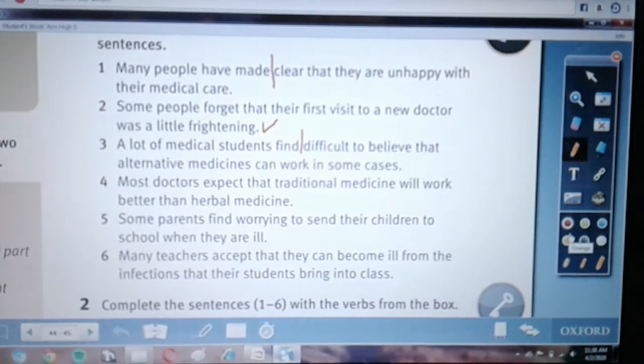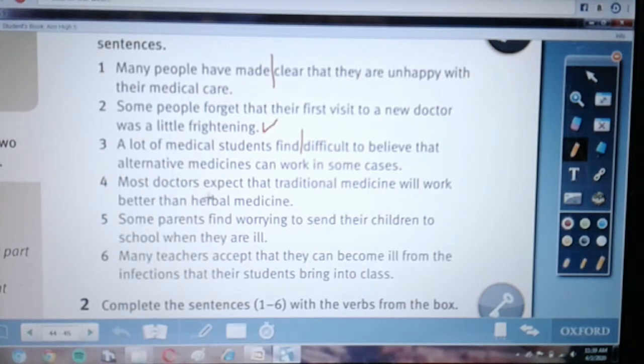Alright. Now take a look at number 4. Most doctors expect that traditional medicine will work better than herbal medicine. Is it necessary to put it after the main verb expect? Let's read it again.